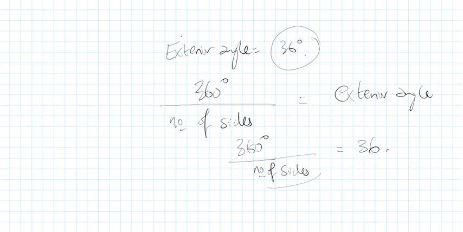If you divide 360 by which number do you get 36 exactly? You should divide 360 by something.